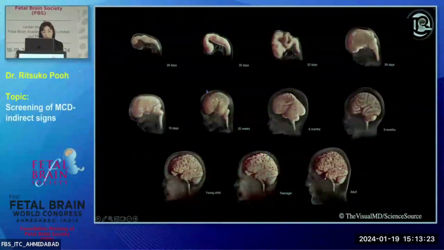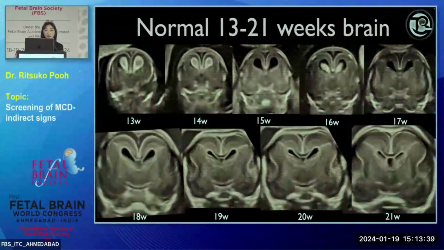Here, this is 20 weeks, and this is 9 months. You can see that there's no gyration here. However, after the 9 months, you can see the gyration more and more. By ultrasound, this is between 13 and 21 weeks of gestation, and until 21 weeks you cannot see the gyrification.